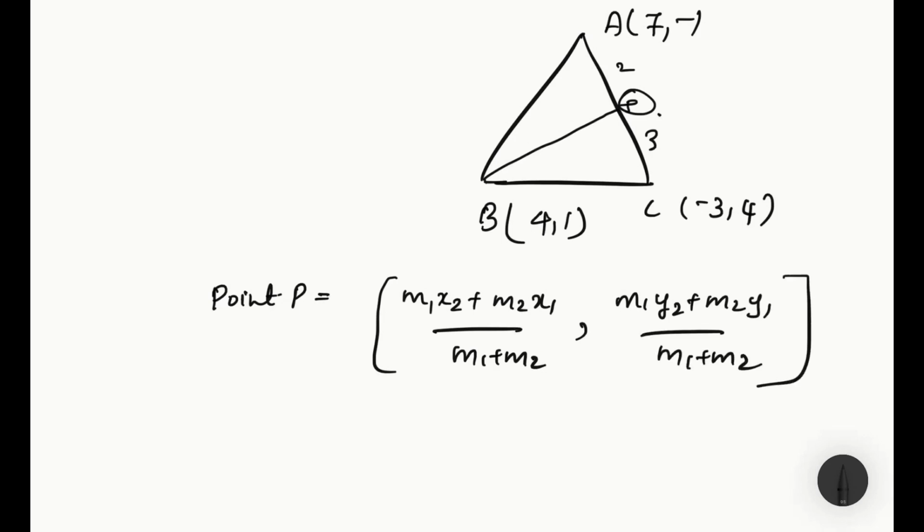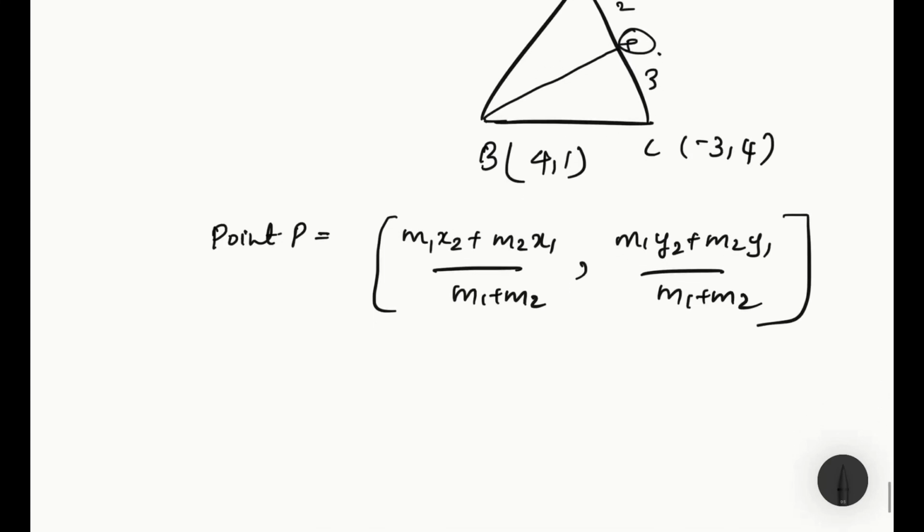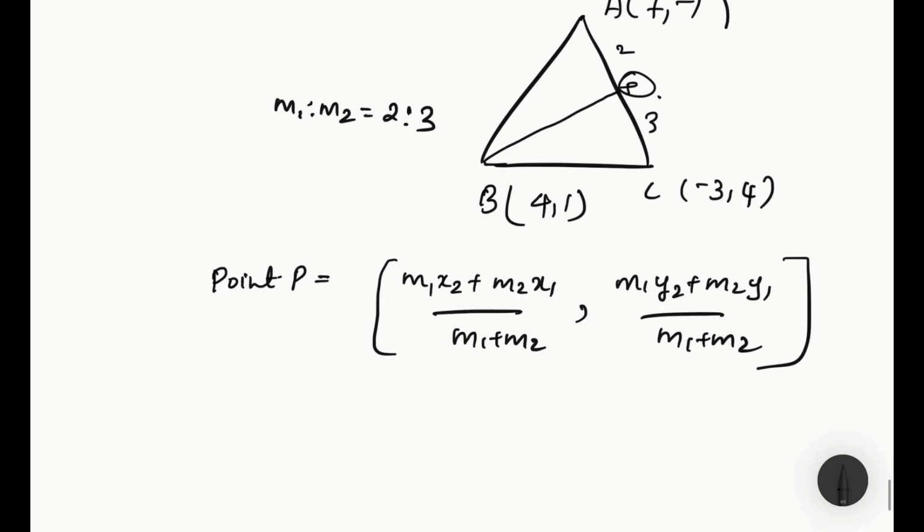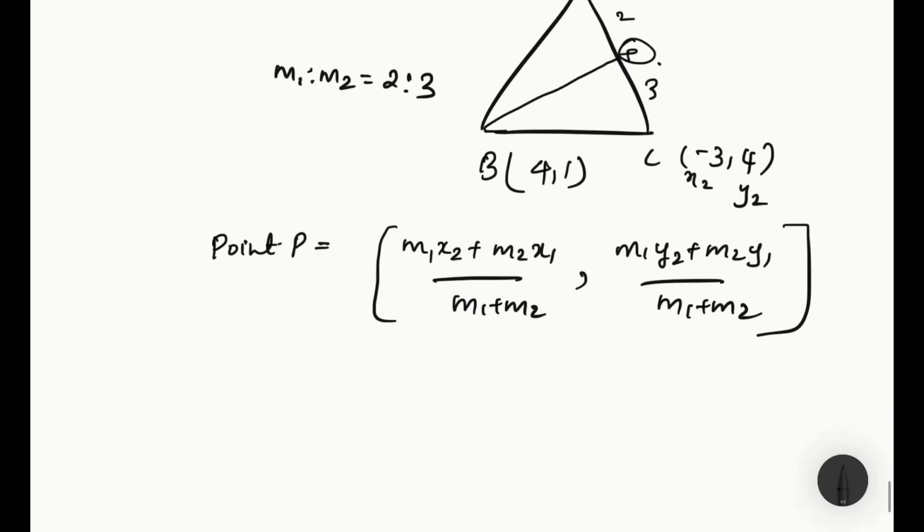If I consider M1 is to M2 equal to 2 is to 3, for AP, so I have x1 y1 x2 y2, and we already have all the values here.